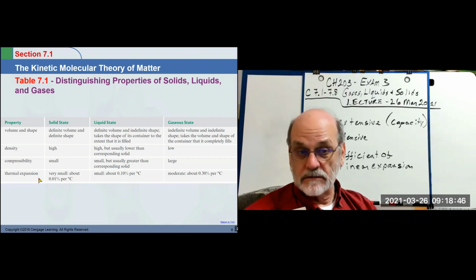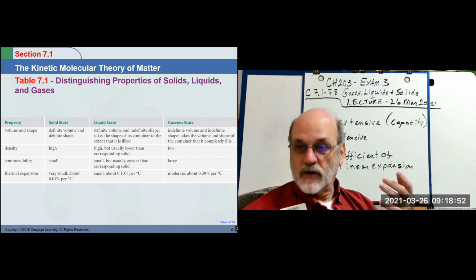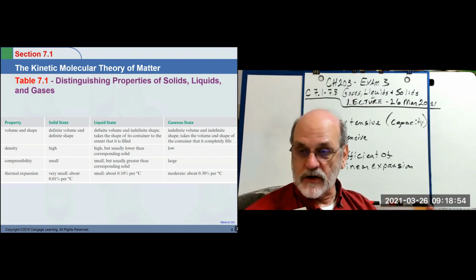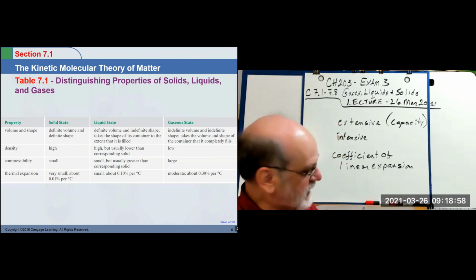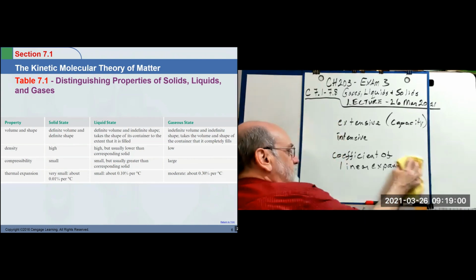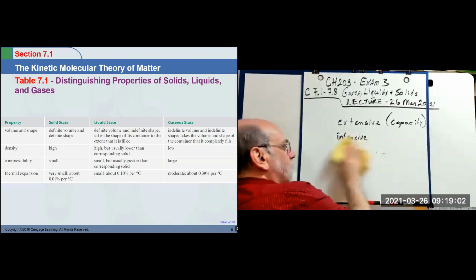In general, solids have a high density. Now, why would that be? Well, you're packing a lot of atoms and molecules into a small space, right? And if you look at the definition, I shouldn't have erased it, but I can write it again.